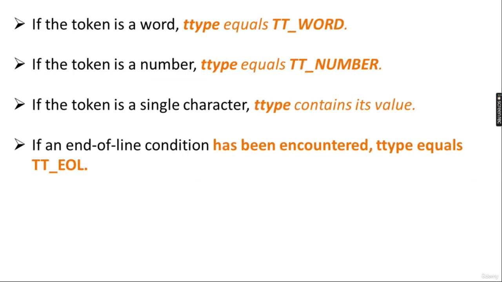If the token is a word, ttype equals TT_WORD. If the token is a number, ttype equals TT_NUMBER. As simple as that. If the token is a single character, ttype contains that particular value. If end of line has been encountered, ttype equals TT_EOL.